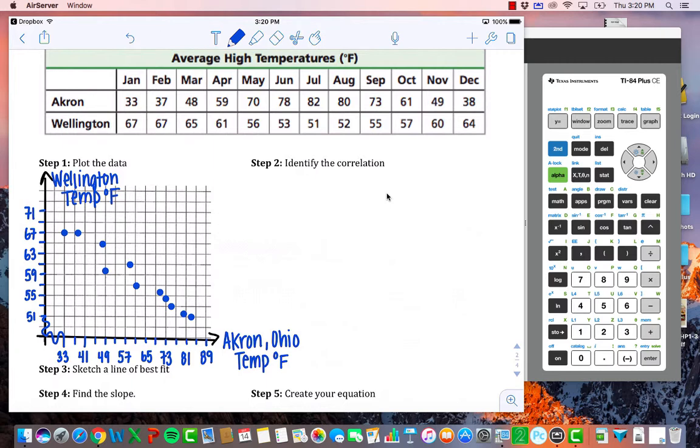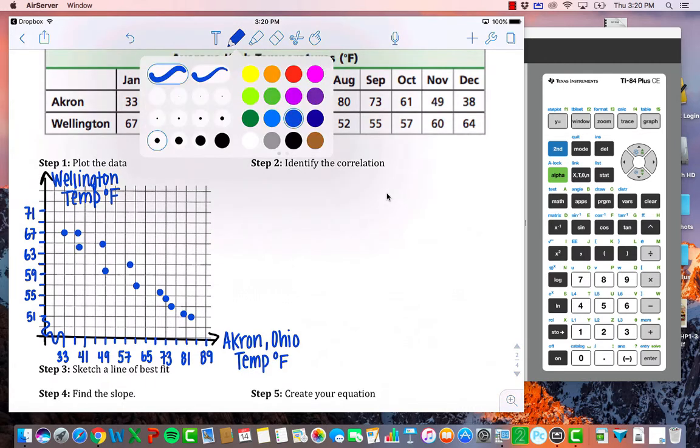And (38, 64). So your graph might look a little different than mine.